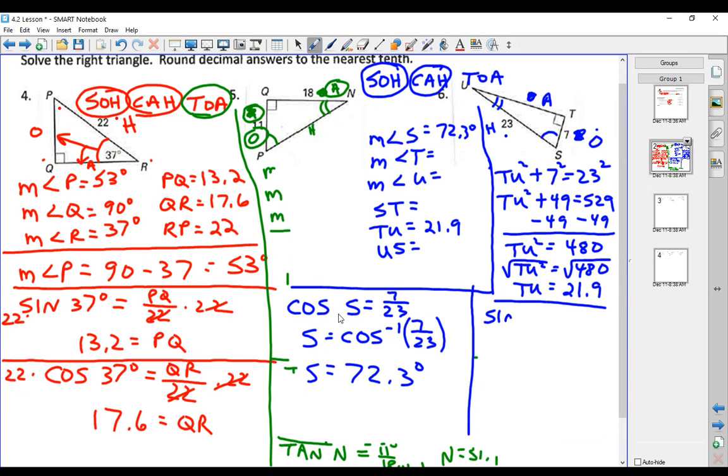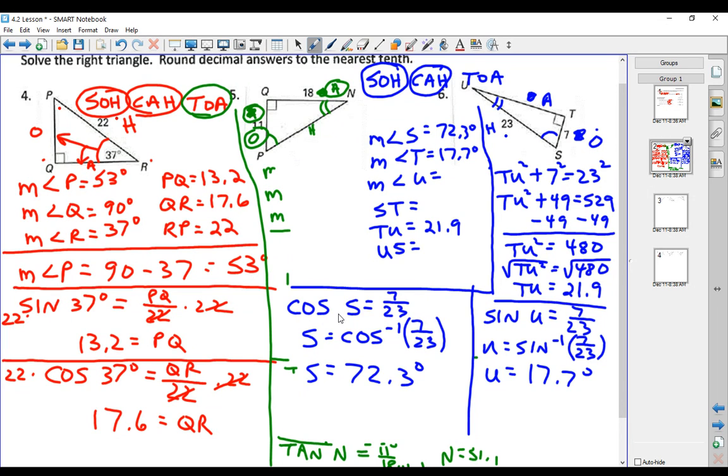So the sine of angle U is equal to the opposite, which is 7, over the hypotenuse, which is 23. And I want to get rid of the sine by taking the inverse sine of 7 over 23. When you do that, the angle U comes out to be 17.7 degrees.